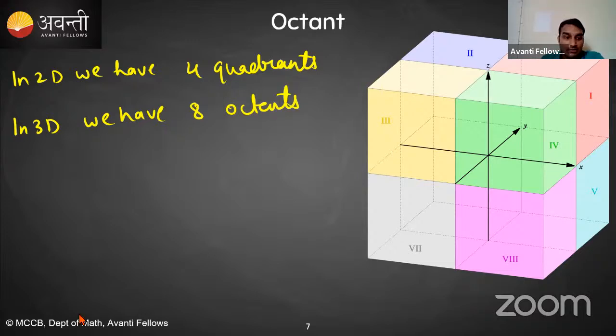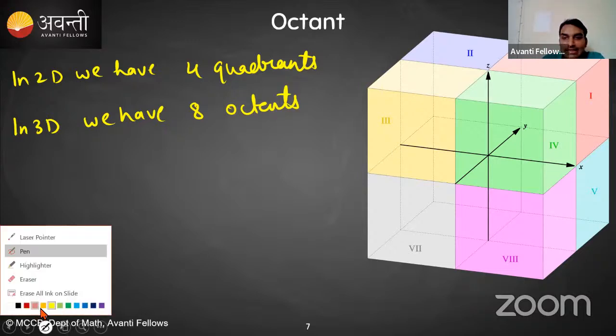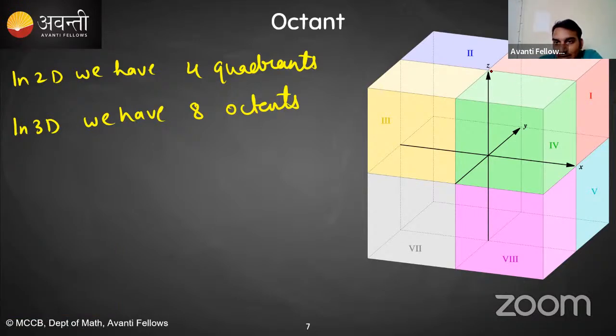From this diagram it would be really clear. See, this is one cube, the green cube. This is one part. Behind this is another, the pink cube. And like this, yellow and blue. Above the x-axis, there are 4 divisions in the space.